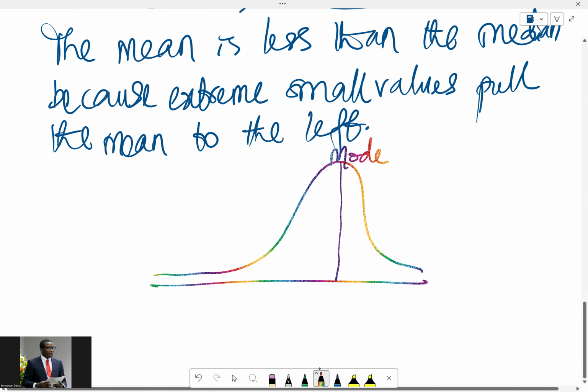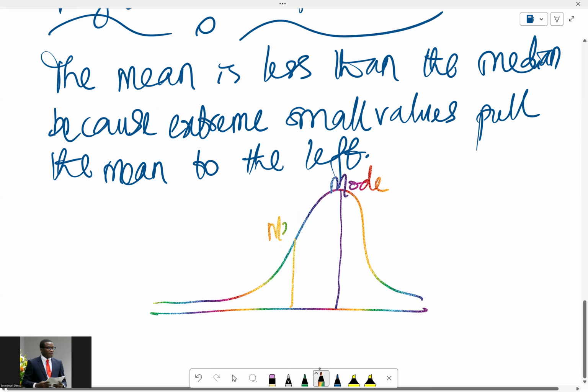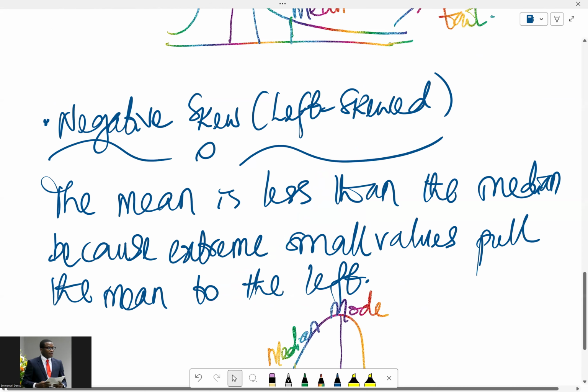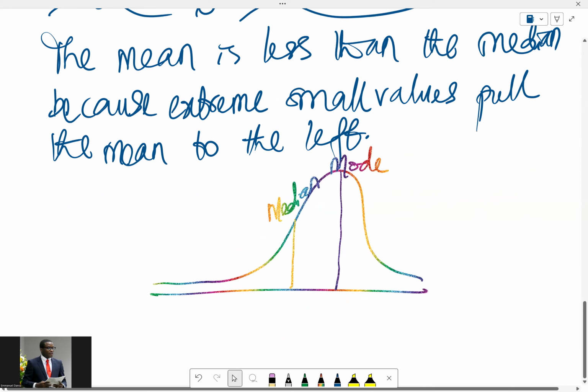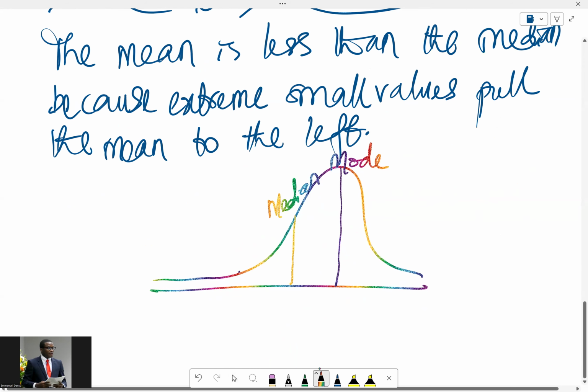You have the mode here, and then now we say that the mean is less than the median. So the median is somewhere here. In the other case, the mean was in the center. I mean, the median, it's still in the center, but the mean is now smaller than it. So you have the mean somewhere around here. In that case, you say it is left skewed.